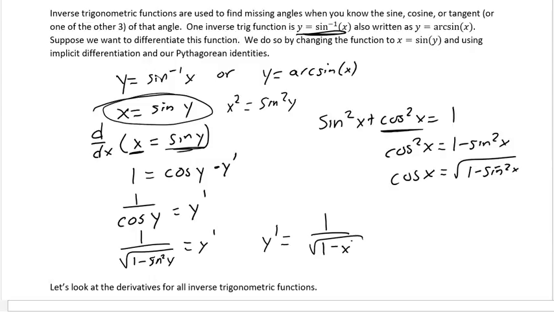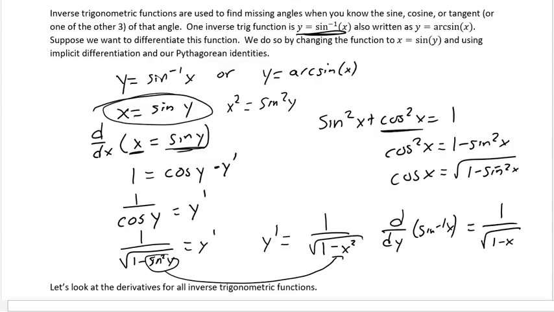And so the derivative of the inverse sine is 1 over the square root of 1 minus x squared.